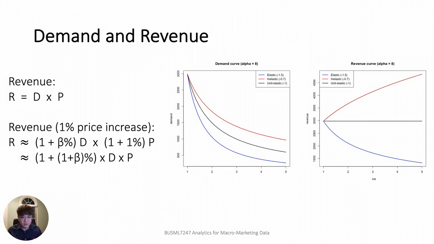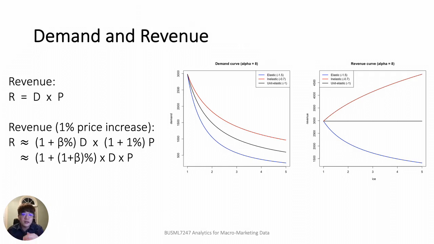The left graph shows demand curves with various elasticity values. The blue curve is an elastic demand curve where beta is -1.5, and the red curve is an inelastic curve where beta is -0.7. The black one is a unit elastic curve where beta is exactly equal to -1.